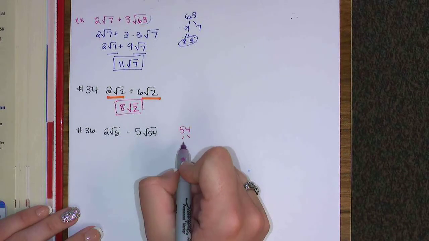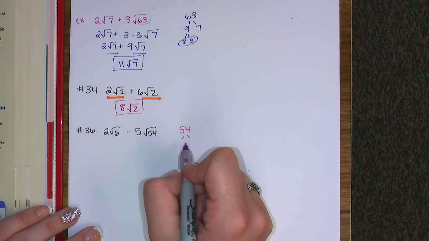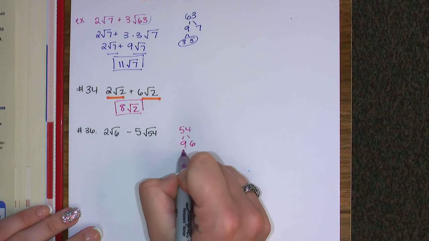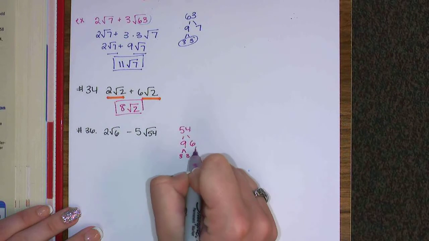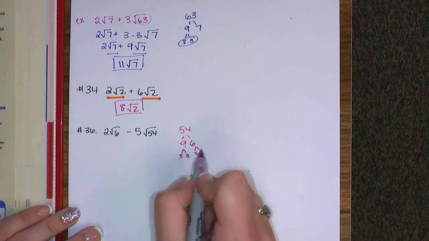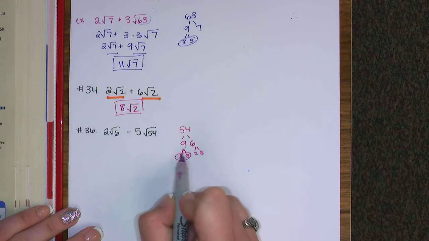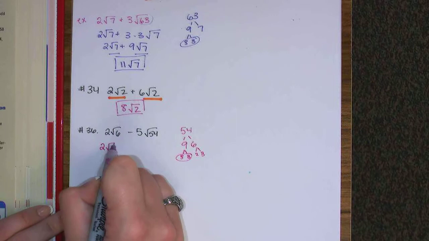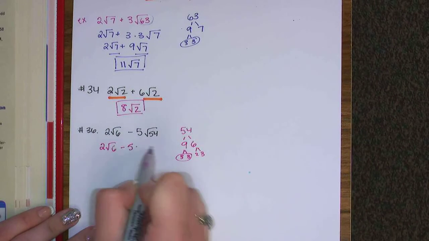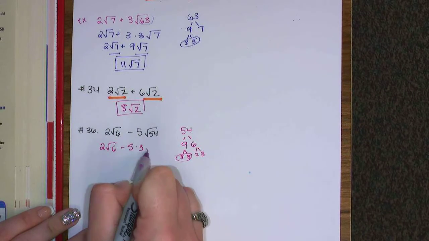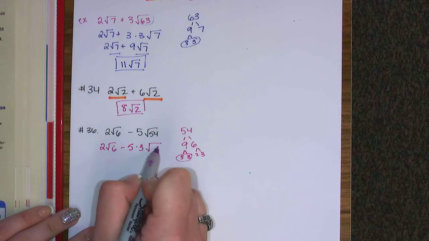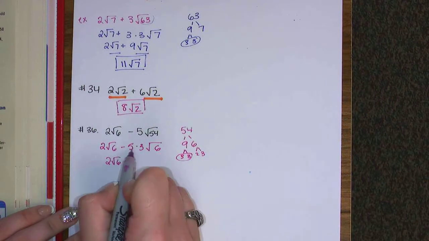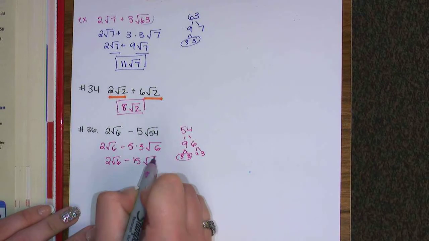So 54 is 9 times 6, I believe. 9 is 3 times 3, 6 is 2 times 3, so that can't be broken up, but there's 2 3's here, meaning I can pull a 3 out, so I can rewrite this as 2 root 6 minus 5 times that 3 being pulled out, root 6 is what's left over. So 2 root 6 minus 5 times 3 is 15, root 6.